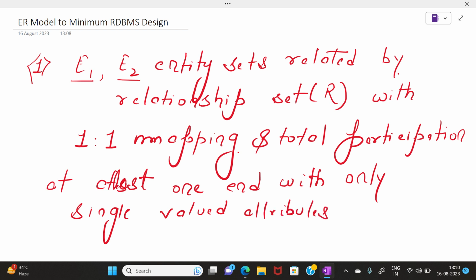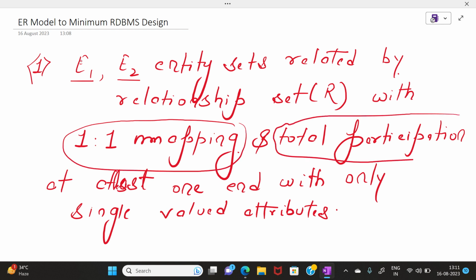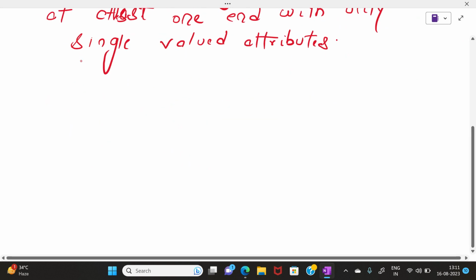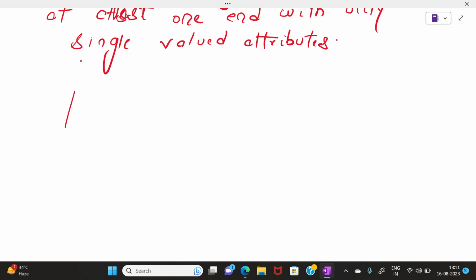So we have two entity sets, E1 and E2, which are related by the relationship set R with 1:1 mapping, and there is a total participation, and at least one end with only a single valued attribute. Let's see how it comes in the diagram.